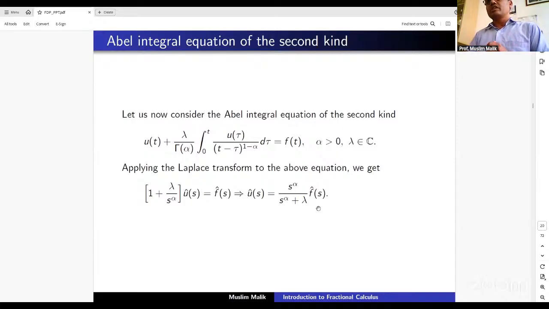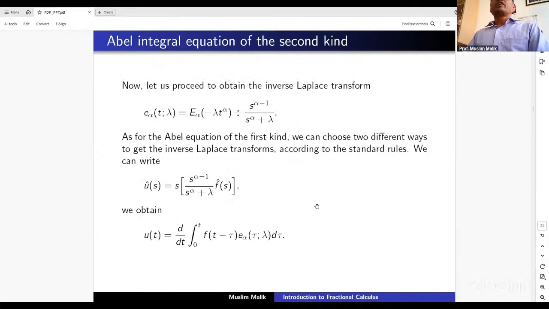One form is by converting it into the integral form, and the other is the fractional derivative form. Then we find the inverse Laplace transform and we find the solution.